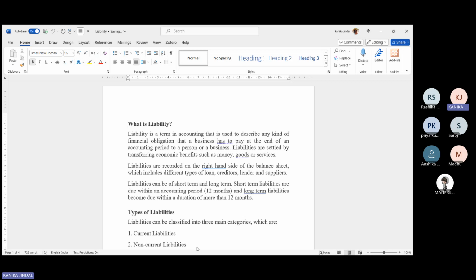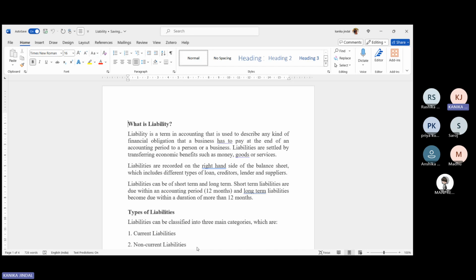So it is basically a financial obligation that a business has to pay a certain amount at the end of an accounting period to a certain person or a business. Liabilities are settled by transferring economic benefits such as money, goods, or services.